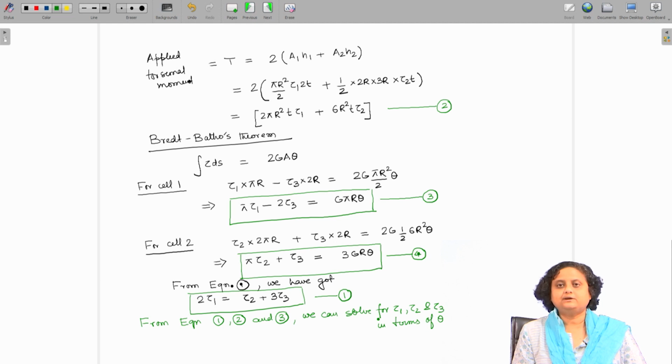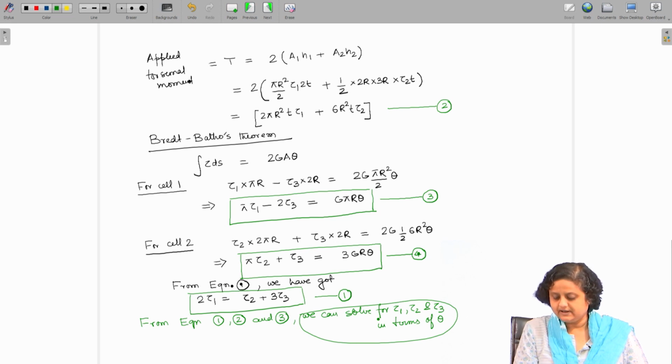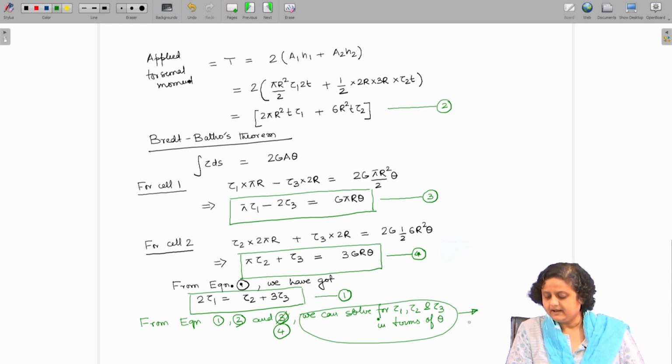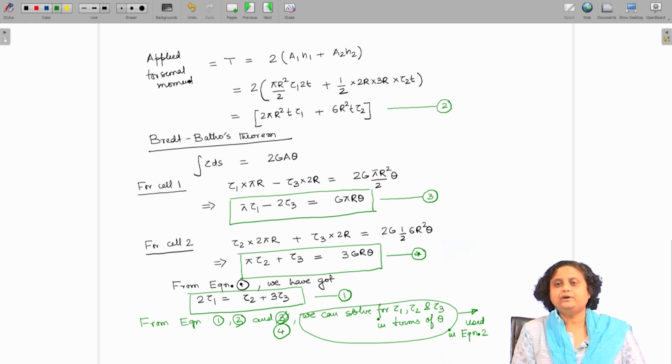Once we solve for them, this can be used in equation 2, and we can obtain the torsional moment T in terms of the angle of twist, which will give us the torsional rigidity of the cross section.